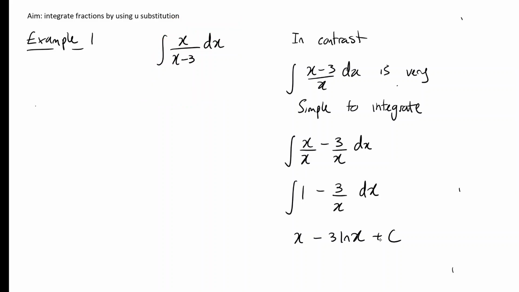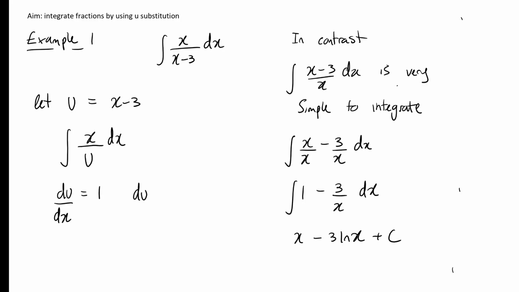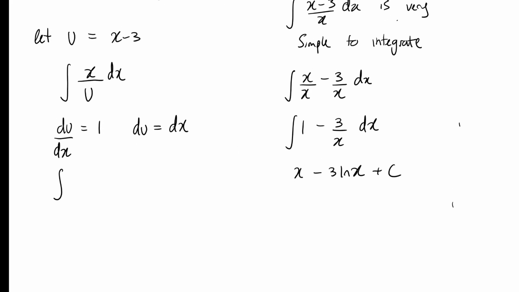To do that, we use a u substitution, and we let u equal x minus 3. That immediately makes the denominator much easier to deal with. Whenever you do a u substitution, we need to find du/dx to give us a way to replace dx. So du/dx is equal to 1, therefore du and dx are equal, and dx can be replaced by du.